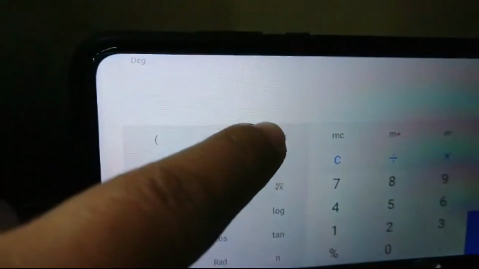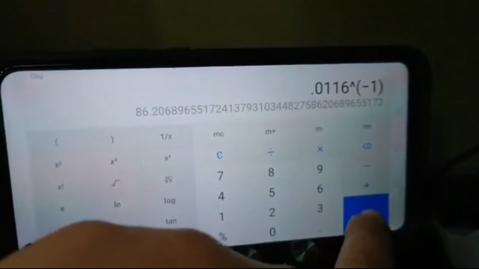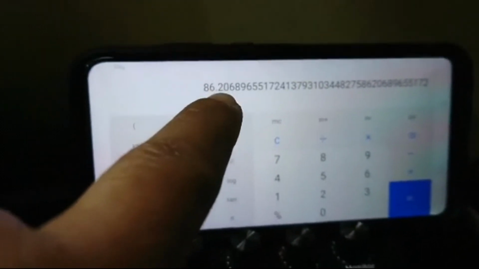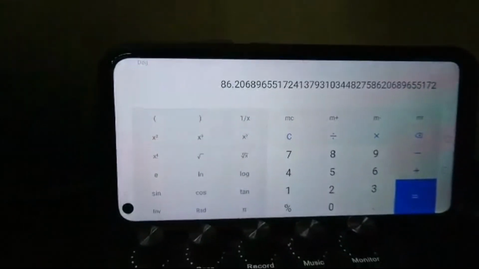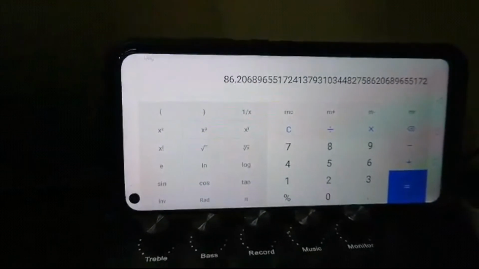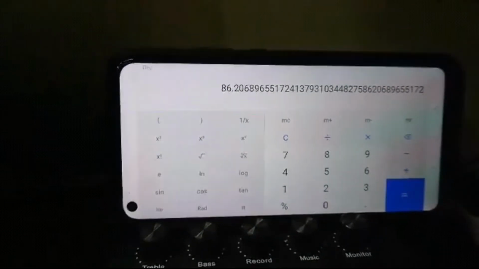You look for 1 over x, or others it's x raised to -1. Okay, then you can see the answer, or you can just press the equal sign and to get 86.2066689. So we just round it to the nearest hundredths, so we get 86.21.